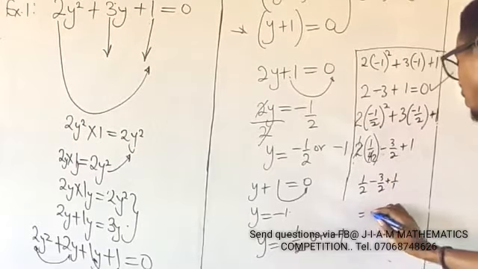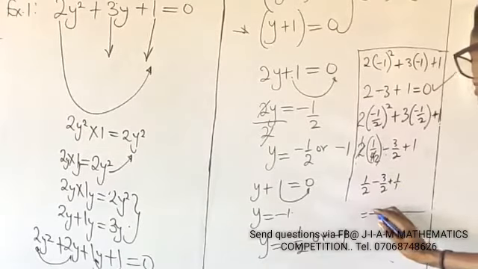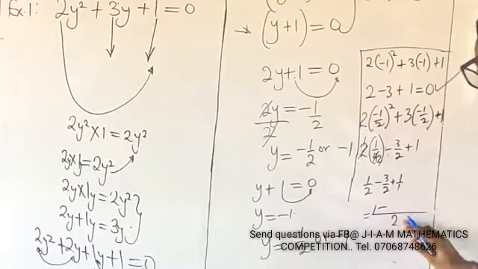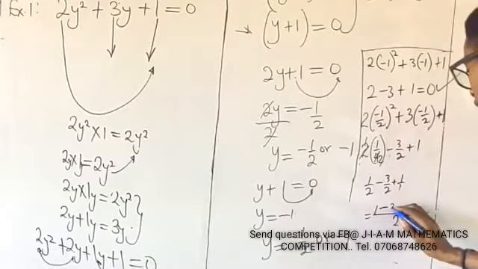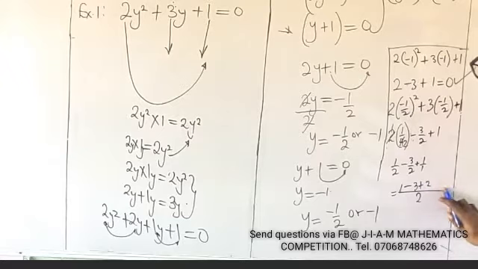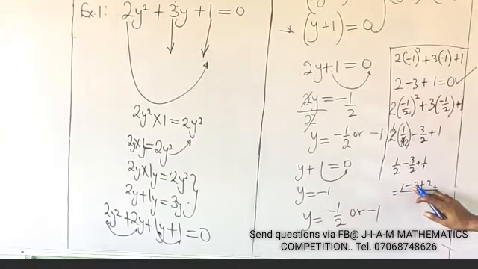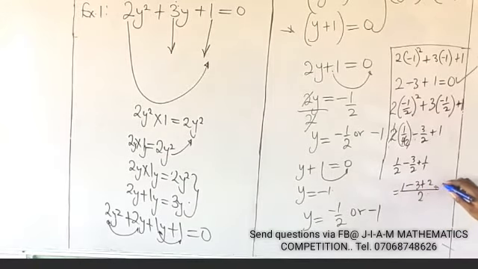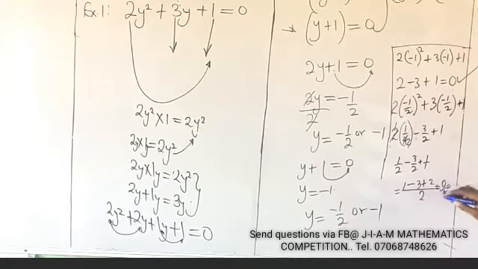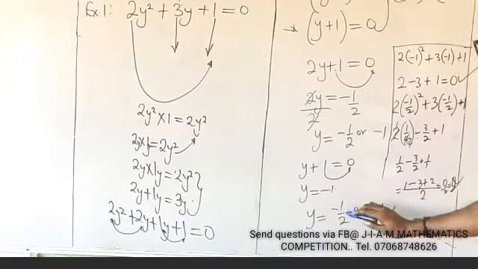The LCM is 2: 1 minus 3 plus 2 gives 0, so 0 over 2 is 0. So our answer is correct.